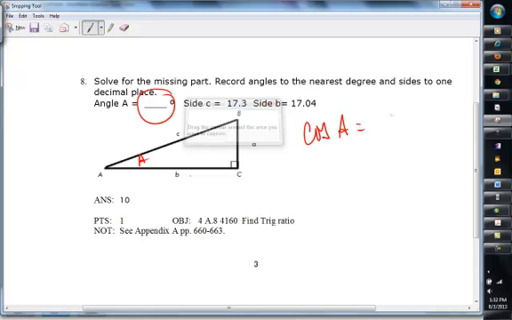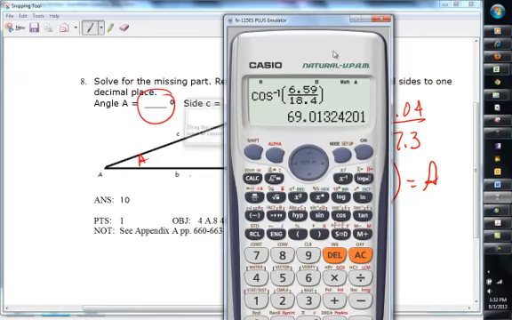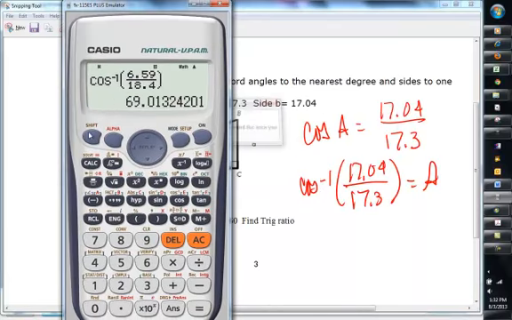Cosine of A will be 17.04 over 17.3, or cosine inverse of 17.04 over 17.3 will be angle A. Looking for the angle, press Shift first.